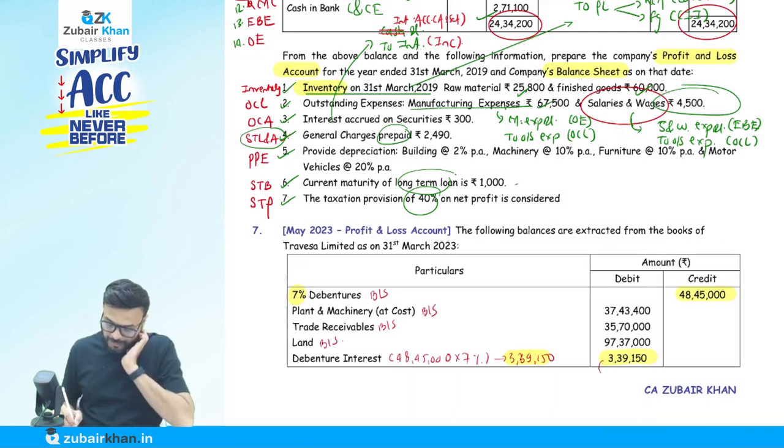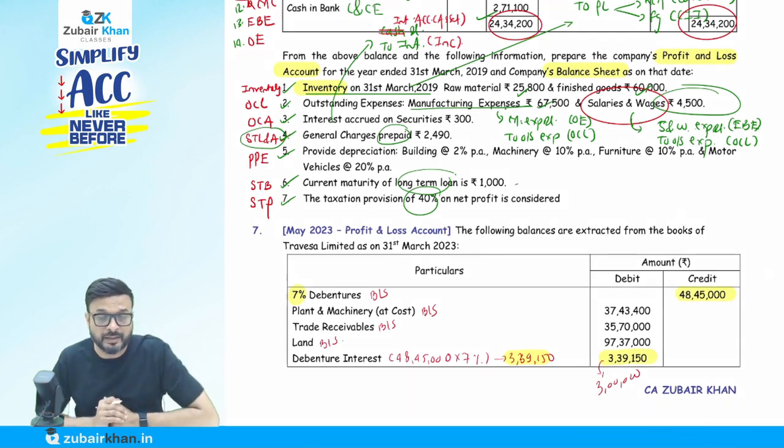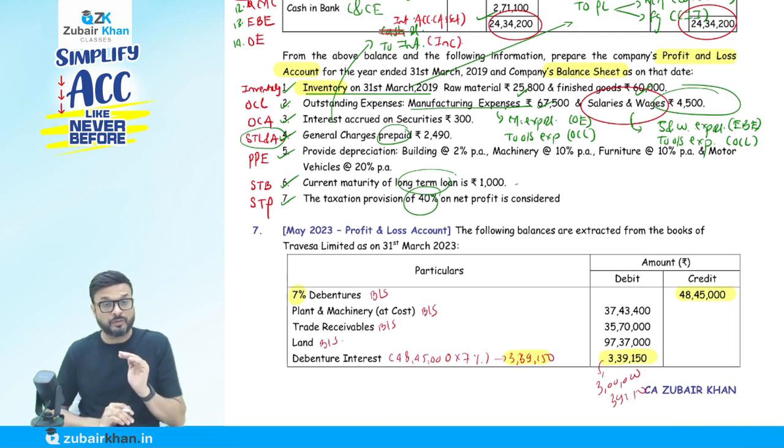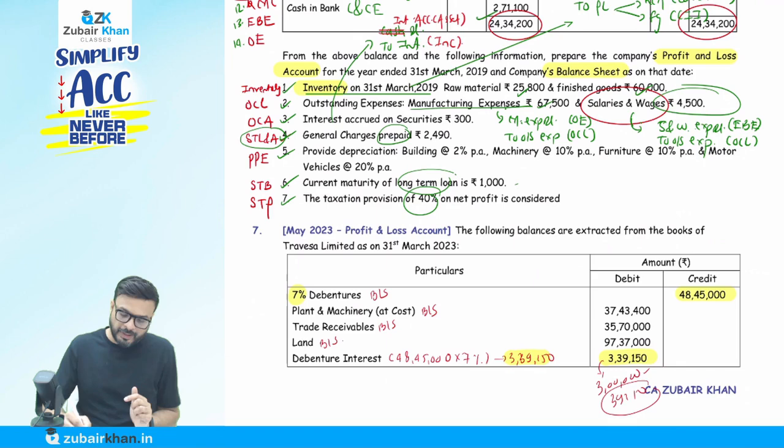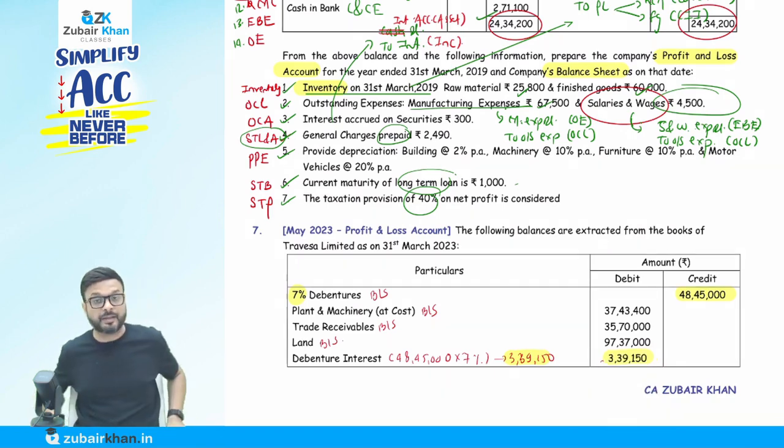Suppose, hypothetically, it is coming 3 lakh only. In that case you have to add 39,150 because we follow the accrual system of accounting. Even though we have paid 3 lakhs, the remaining we have to write down because we follow the accrual system of accounting. But here it is the exact amount, so no need to do anything. We just have to write this 3,39,150 in the profit and loss account.